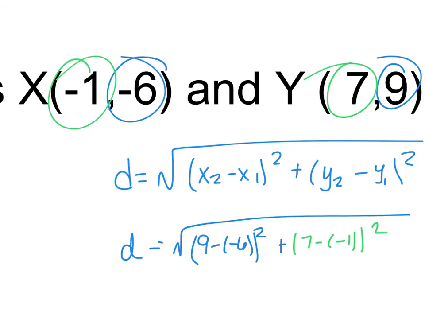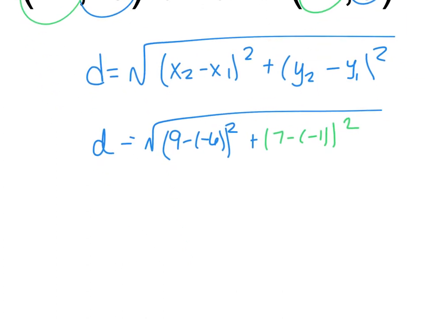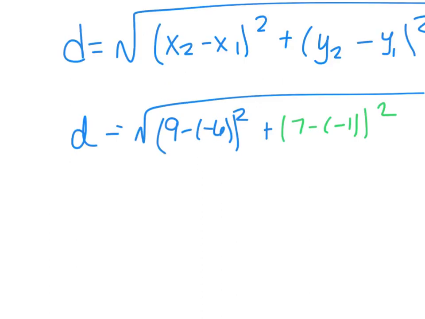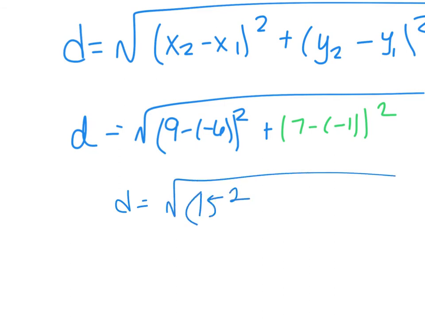And I square it. So I get D equals square root of 15 squared plus 8 squared.